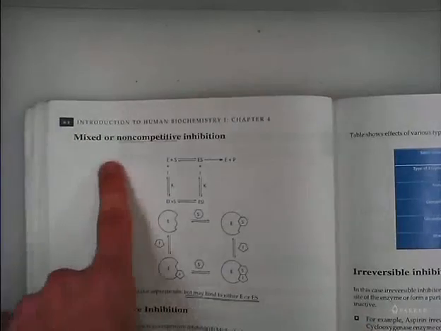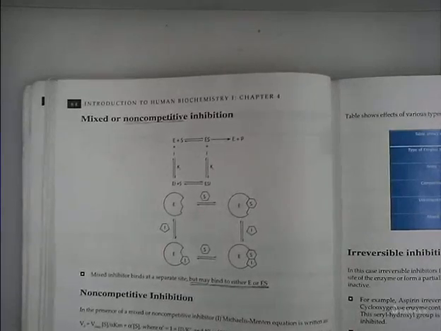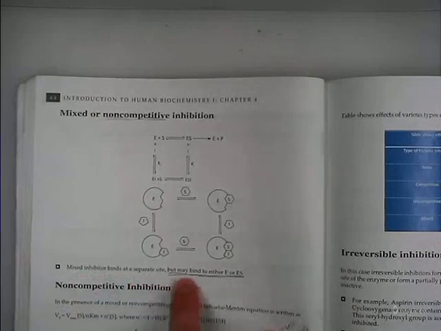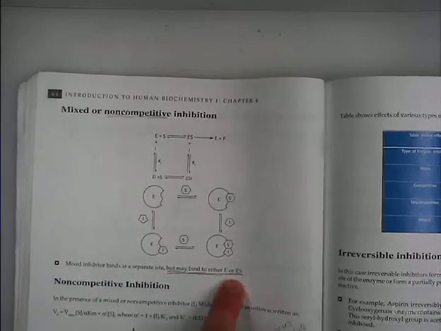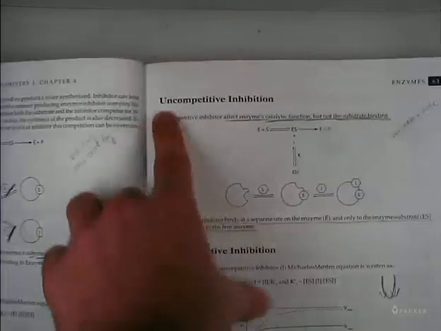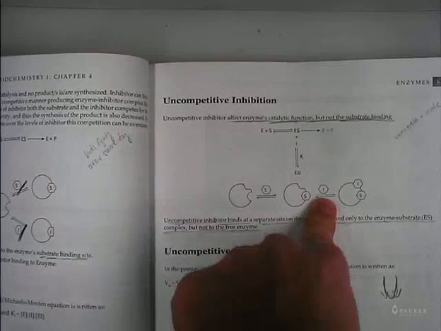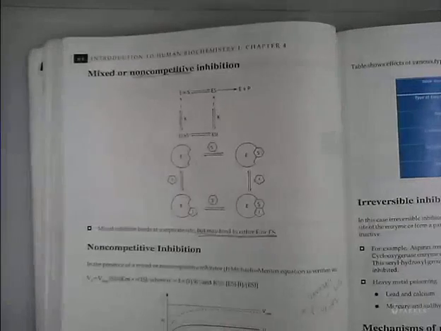Lastly, we have mixed or non-competitive. So this one's a little bit different. The mixed inhibitor binds at a separate site, but can bind either when the substrate is there or when it's not. So that's why I made sure to say over here, uncompetitive, substrate binds first, then inhibitor binds. Here, that enzyme can be turned off at any time.